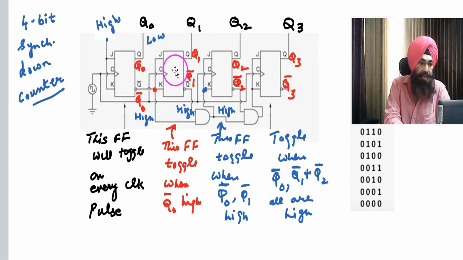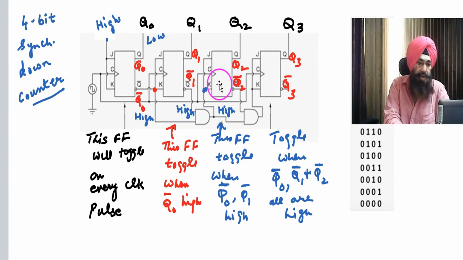Likewise here, when Q1 is low, Q1 complement will be high. When Q1 complement is high, as well as Q naught complement high, meaning Q naught low and Q1 low, then the output of the AND gate will be high, and then this flip-flop will toggle.